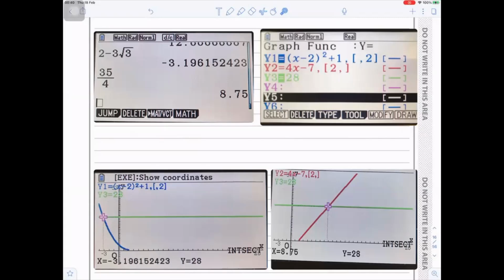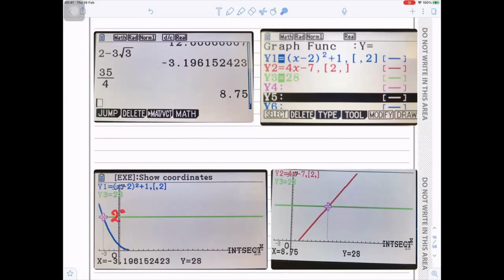And 2 minus 3 root 3 is the same as minus 3.196, which if you look at the graph, if you come here, that's the point there, minus 3.196. So you want the point where y is 28. So if you have y is 28, that's 28 there.